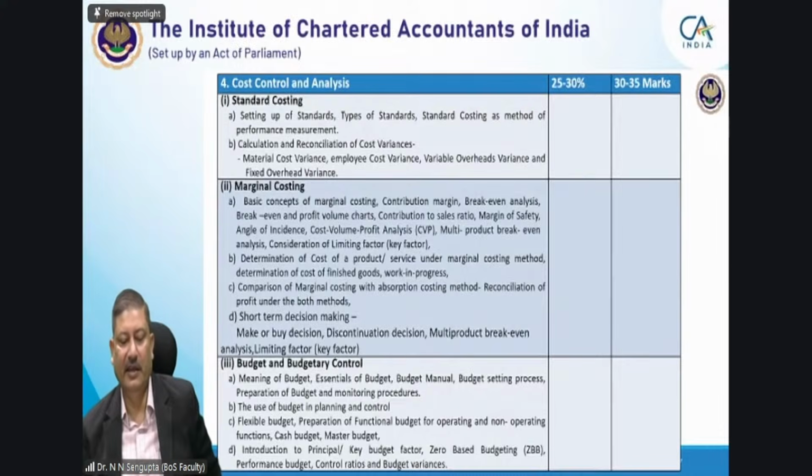So make or buy decision, discontinuation decision, multi-product break-even analysis, limiting factor.